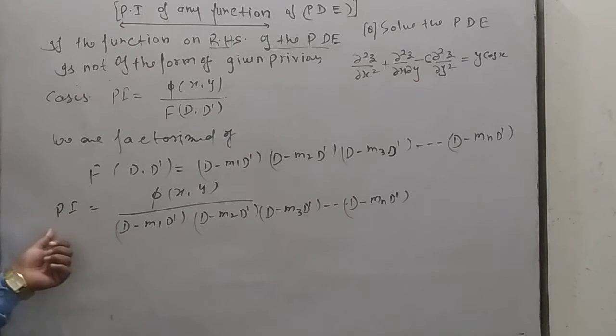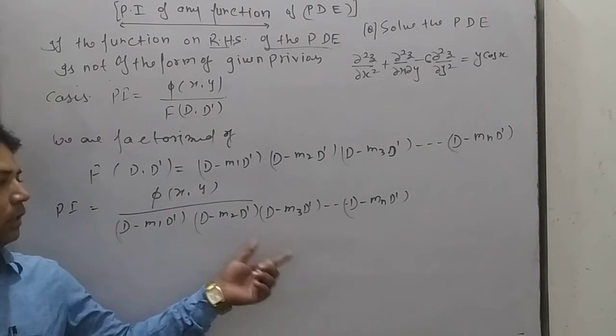After that you get the PI phi of x, y over this in this form.